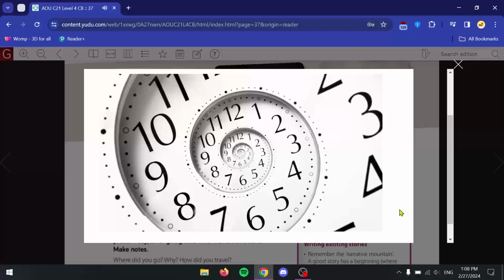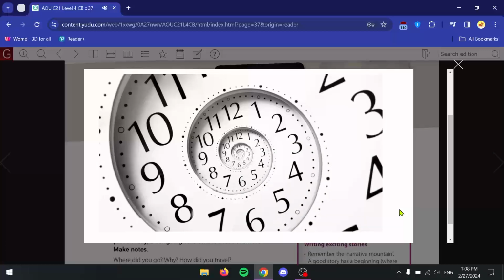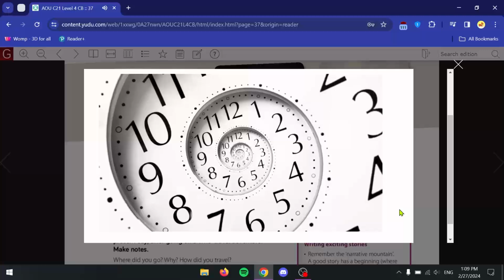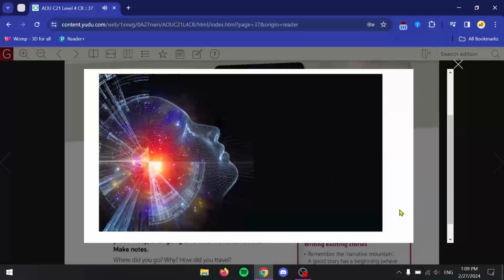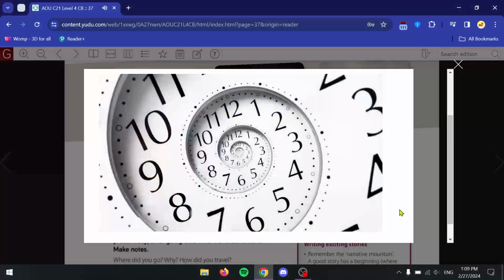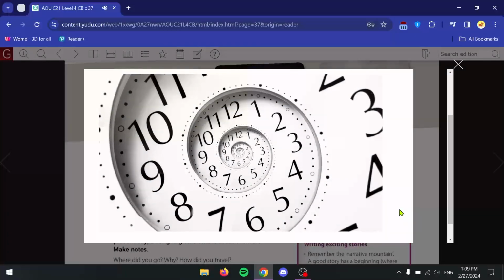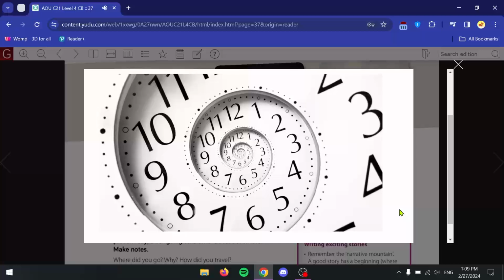There are dictionary definitions, like the dimension of the physical universe that orders the sequence of events at a given place. And there are also more light-hearted definitions. For example, one physicist described time as nature's way of stopping everything happening at once. But for our current purposes, let's just remind ourselves that time can be described as a dimension. The fourth dimension, in fact.